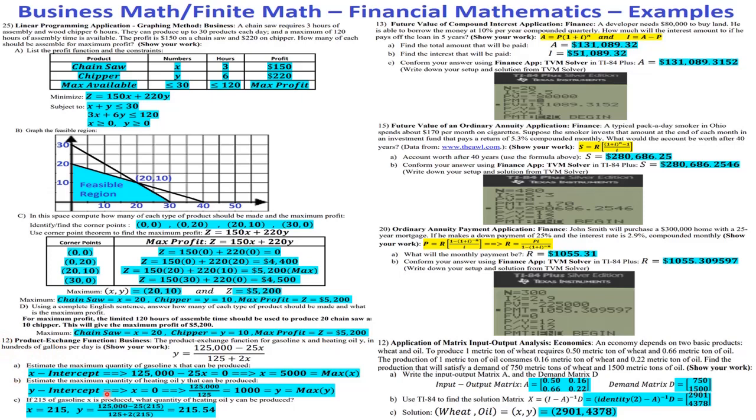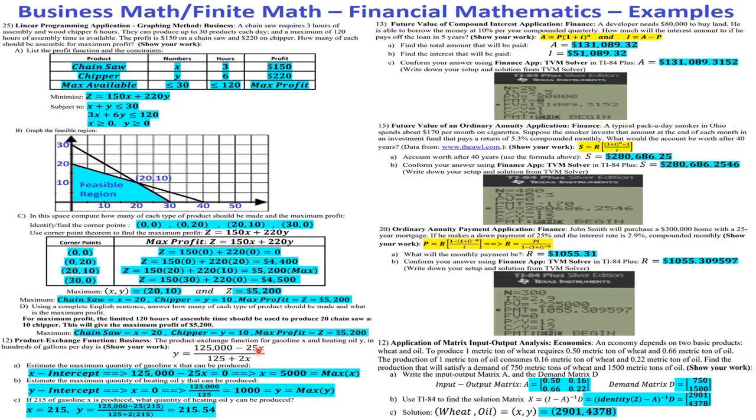So I have another example, product exchange. This is product exchange between gasoline and heating oil, and the relationship between them is y equals (125,000 minus 25x) over (125 plus 2x). To find the maximum gasoline, you set y equal to 0, which is the x-intercept.